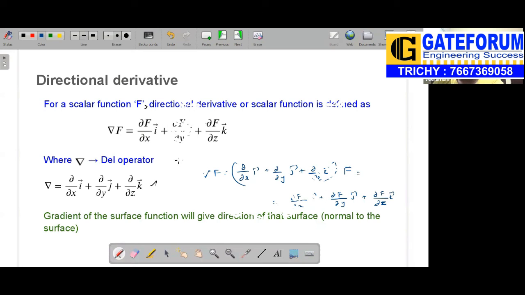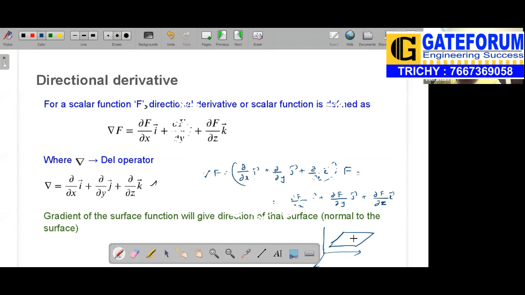Okay, so if you are taking some function, this is one function, with x axis, y axis, z axis. Let's consider this is f of x, y, z, a function depending on all three, a scalar function. So this represents an area.